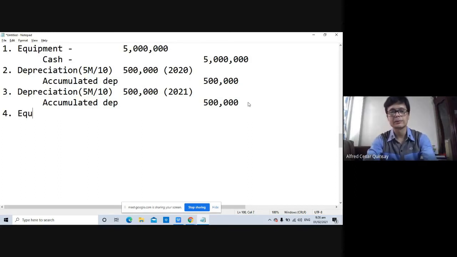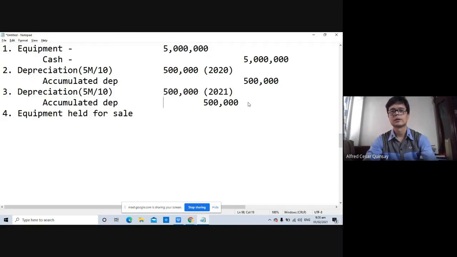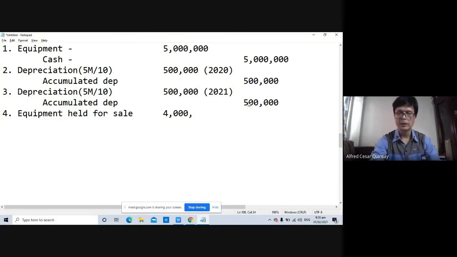Debit the new account, equipment held for sale, for 4 million. Why 4 million? Because there is already depreciation. Then we debit the accumulated depreciation.